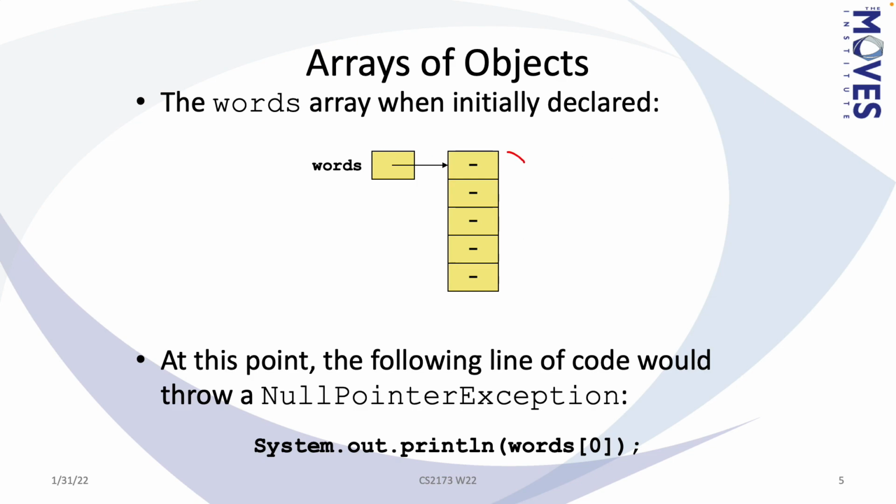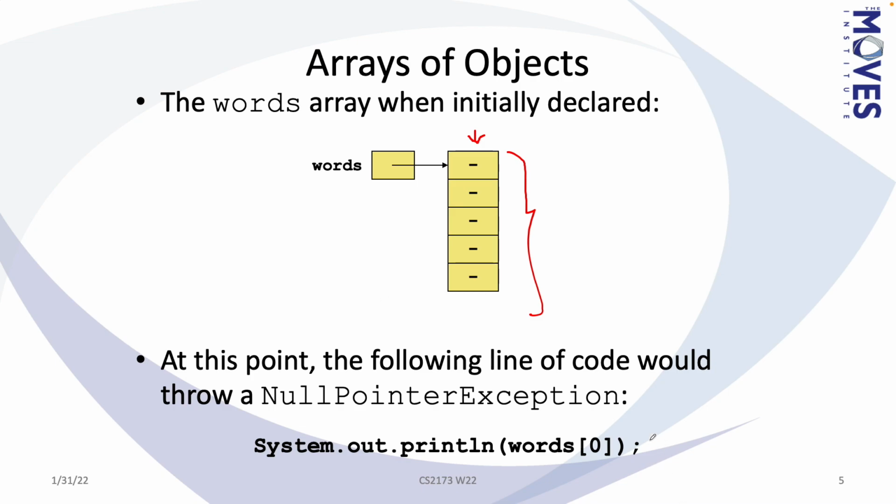So what Java does is when you run it, it goes somewhere and finds 5 spaces for this array, and it creates this reference which points to where that is. And so how big should they make this? Well, big enough to hold an object reference. So that's basically one word.